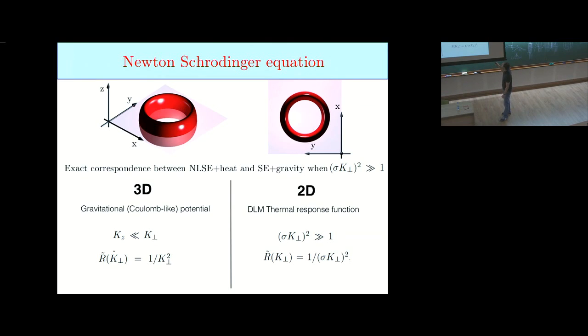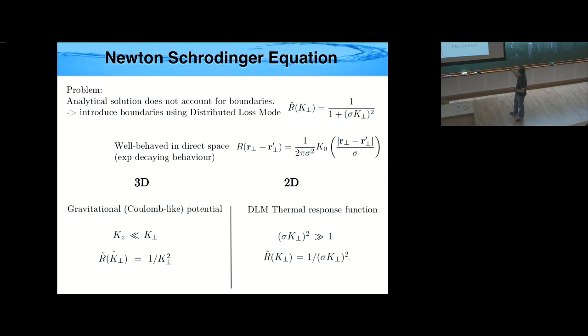Sigma k much greater than 1 means that all the on-axis components have been put to 0. So a ring-shaped beam will give me this kind of k distribution when I go into the Fourier domain. You can also show that when you have this, this function does indeed behave like 1 over r in this limit.